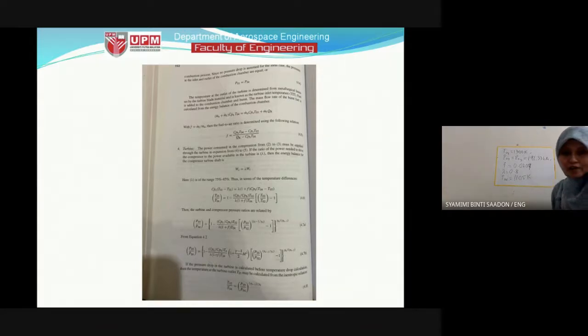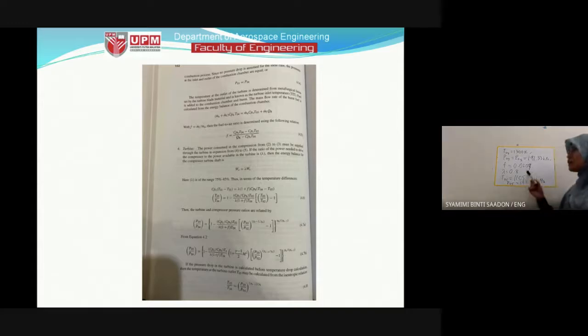And PO5 also, we use the isentropic equation. PO5 is 182.63 kilopascal. Okay, the same process as exercise 1.